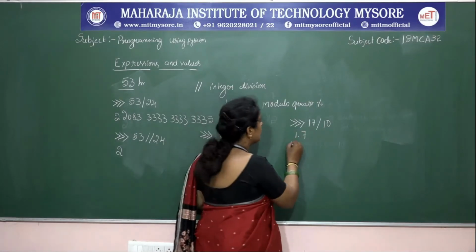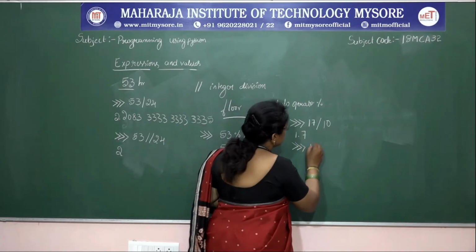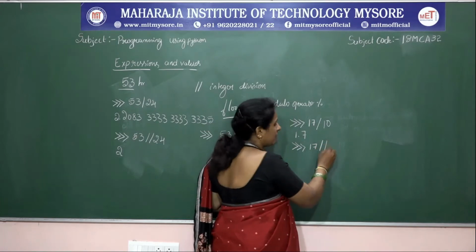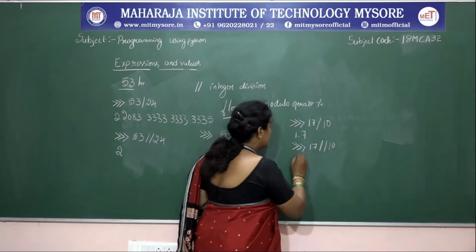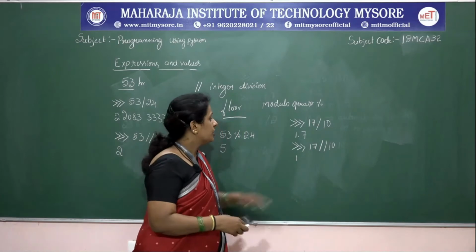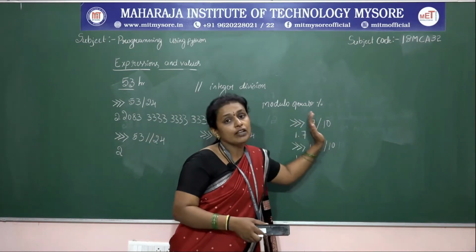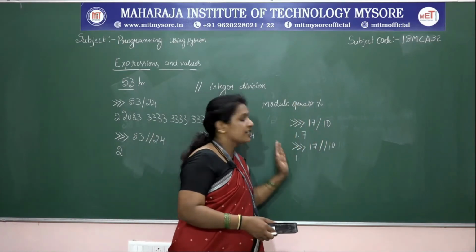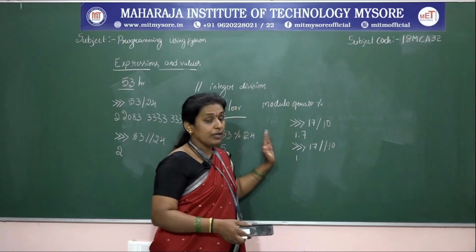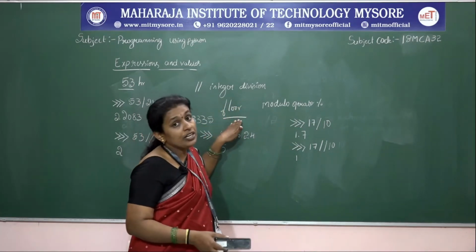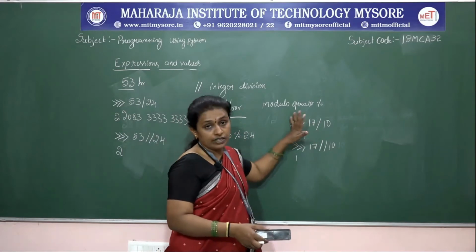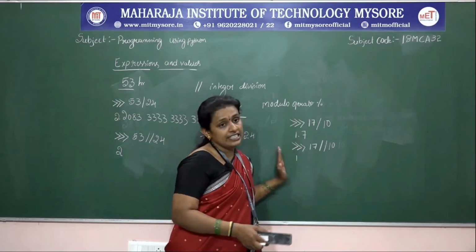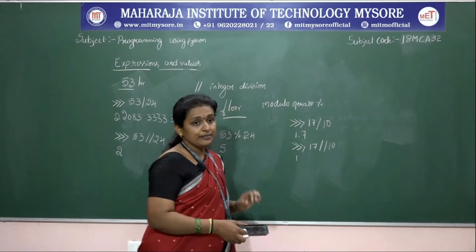So when we go with integer division, 17 integer division 10, you will get the answer as 1. So here the decimal part is dropped. Because we are using floor division, it converts the result to the nearest lower integer. Okay.